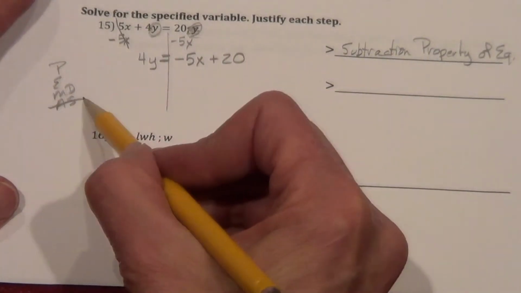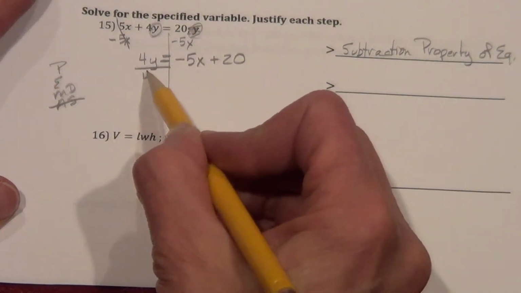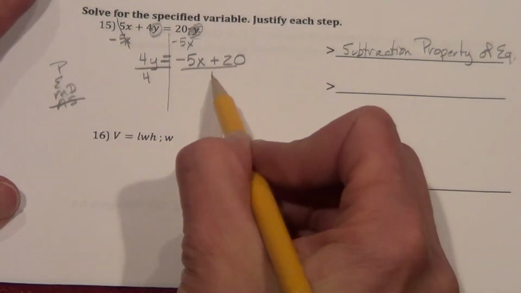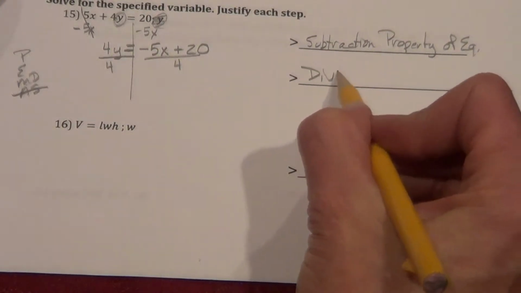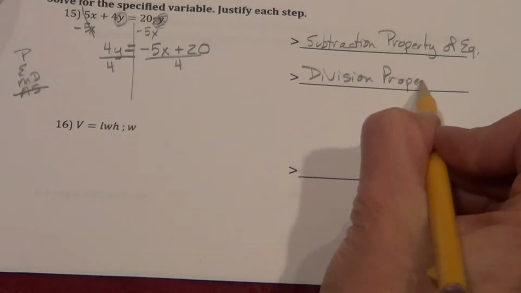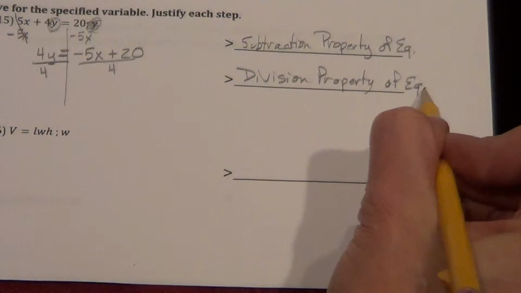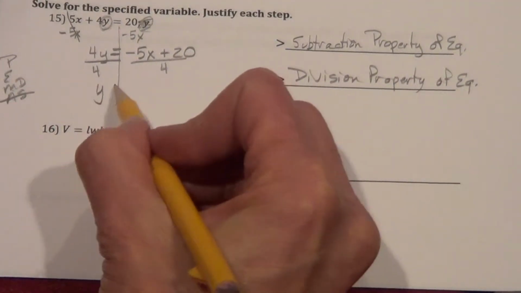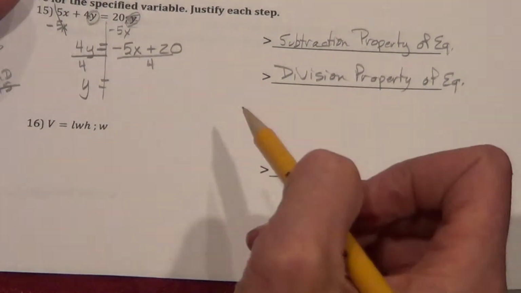Now we continue to follow our PEMDAS to get y alone. It's being multiplied by 4, so we're going to divide by 4. So that's the division property of equality. We get y equals, now we need to distribute this 4 to each one of those.